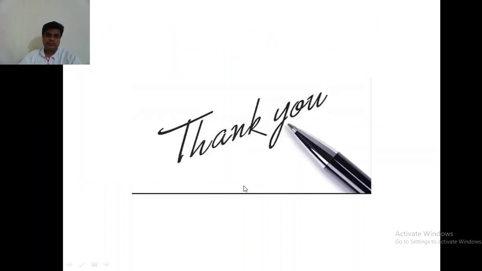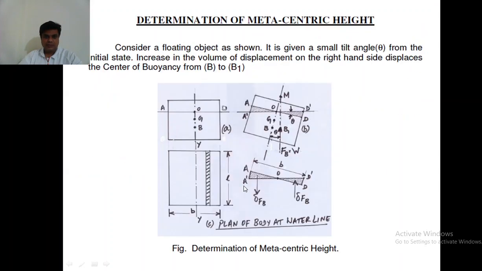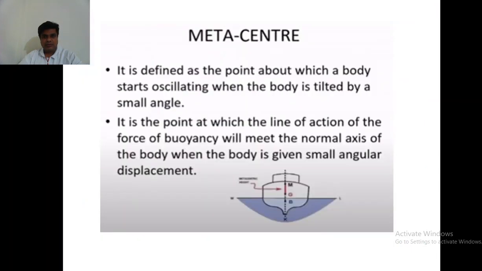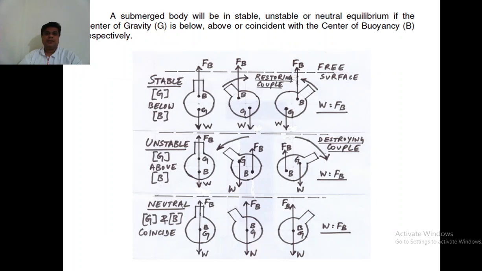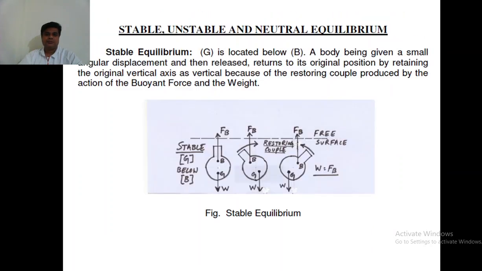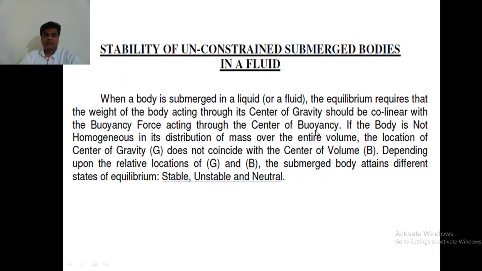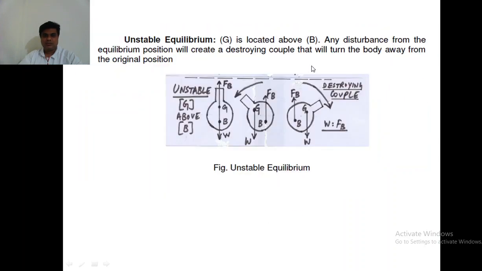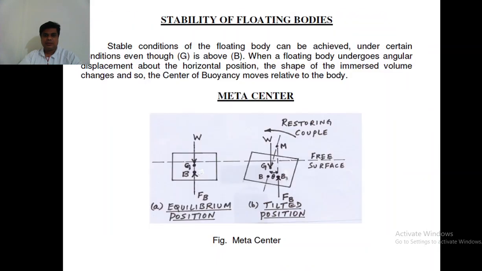In this session we are seeing the stability of submerged bodies, and also the stability of floating bodies. In the stability of floating bodies, we get a new point, the metacenter, and the metacentric height.